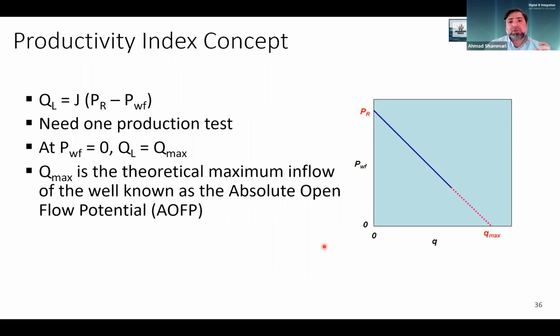And then I take this flowing bottomhole pressure at the stabilized condition, and that's it. I should know the reservoir pressure, and then I calculate the drawdown by subtracting PWF, or flowing bottomhole pressure, from the reservoir pressure. This is my drawdown, and then I divide the measured flow rate by this drawdown. I get the productivity index.